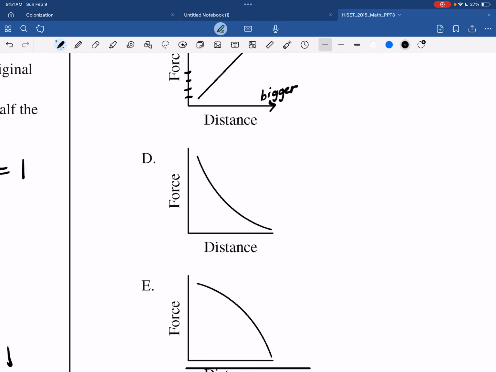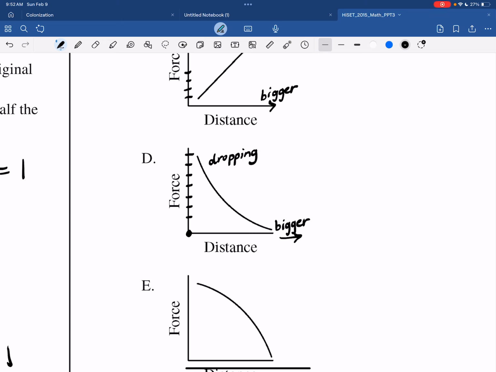On the independent axis, distance is getting bigger. We can see it moving further and further this way. But what is happening to force? Force is biggest near the origin. It's starting out up here and it's falling. Okay, so this is a possibility. Force is dropping as distance is getting bigger.